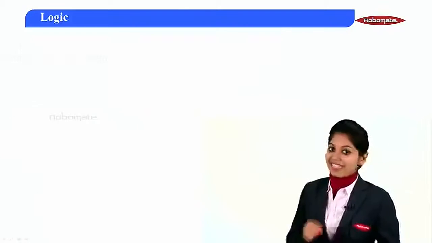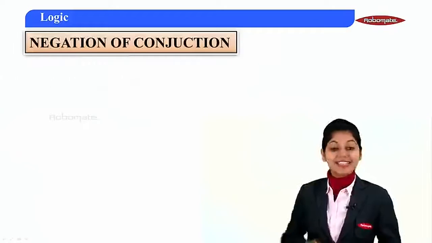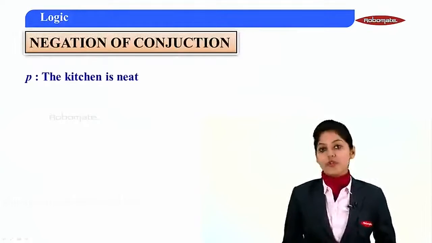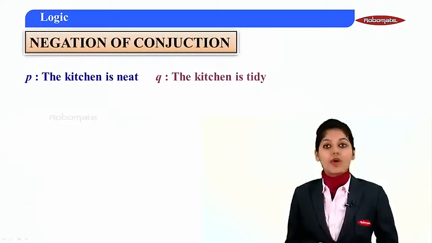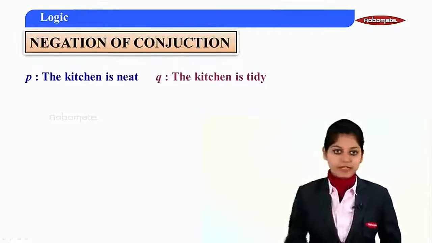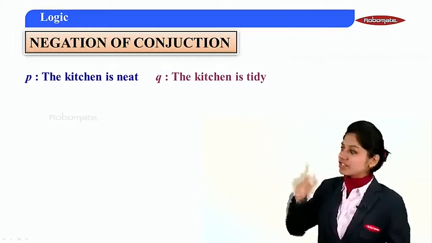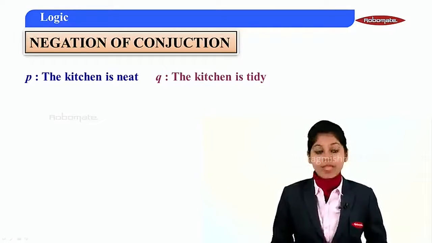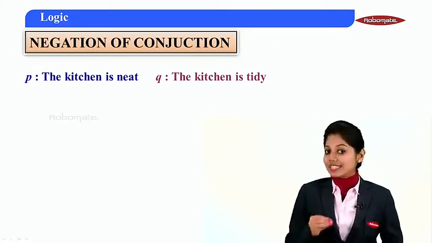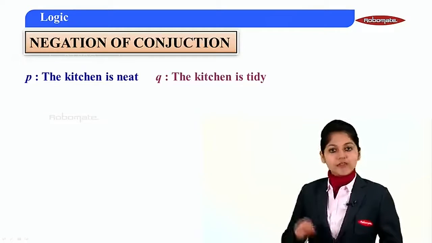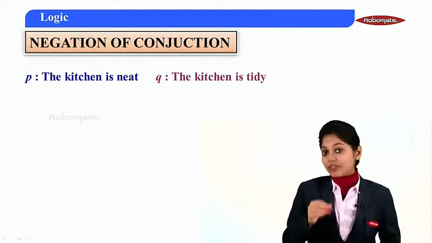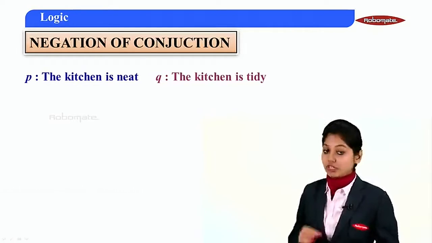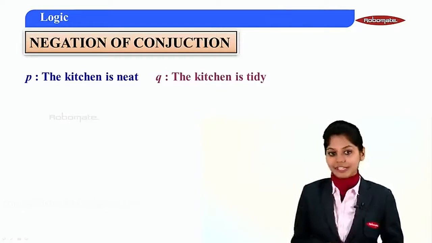So ready for it? Here comes the first one, that is negation of conjunction. First of all, I require 2 simple statements. Here we have 2 simple statements in front of you. P, which says the kitchen is neat, and Q, which says the kitchen is tidy. For these 2 statements, I need to give a compound statement consisting of the conjunction connective.